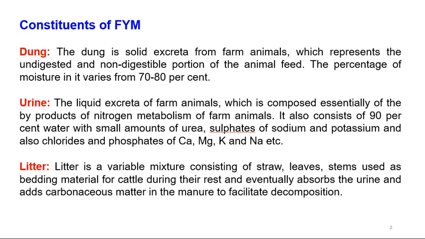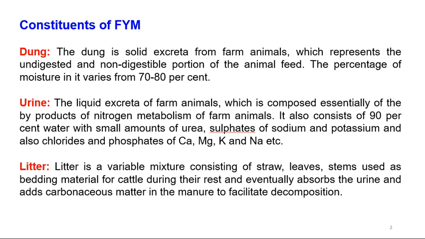Urine is the liquid excreta of farm animals, which is composed essentially of the byproducts of nitrogen metabolism of farm animals. It also consists of 90% of water with small amounts of urea, sulfates of sodium and potassium, and also chlorides and phosphates of calcium, magnesium, potassium, and sodium.